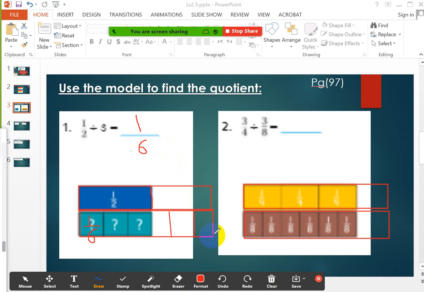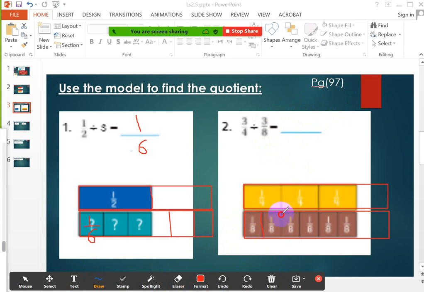Yes, teacher. Yes, dear. Now I want you to help me. The answer is what, Farah? You said the right answer: 2 over 1. Why 2 over 1? Again, Farah?